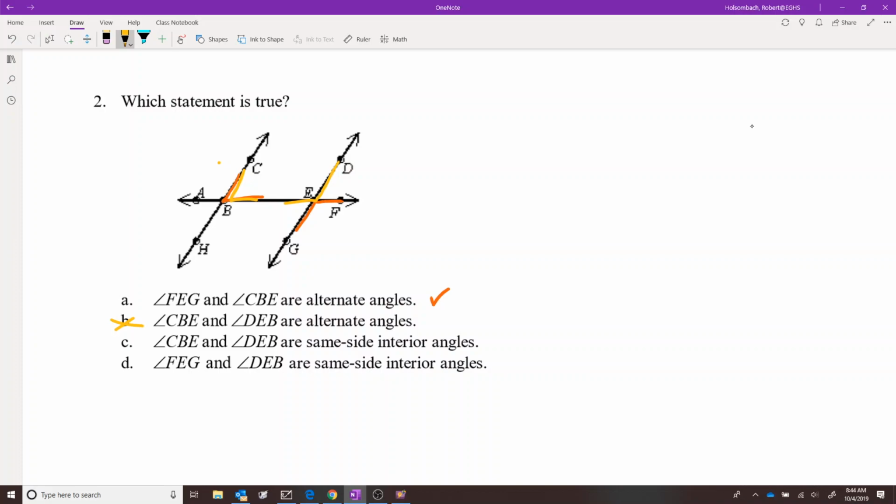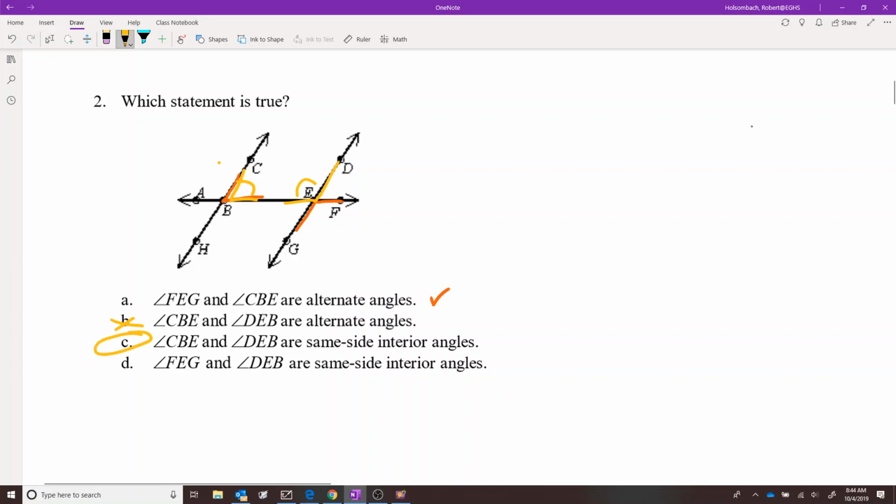All right, next question. CBE, which is the same angle we've highlighted, and DEB are same side interior. Yeah, these angles right here, those are both same side interior angles. So that's a better answer.